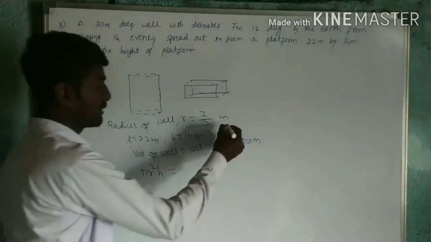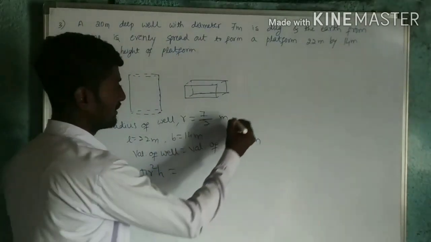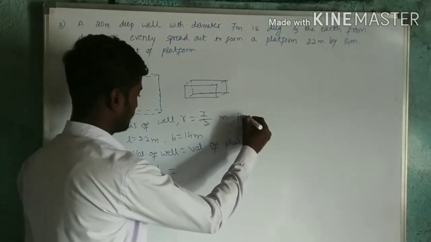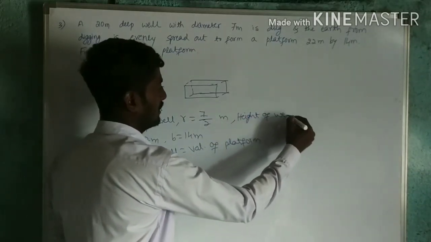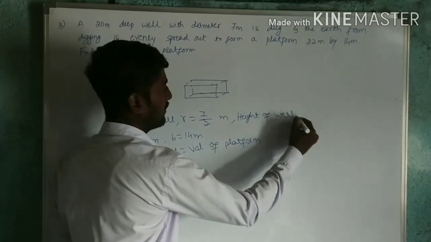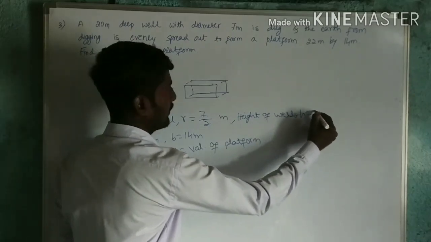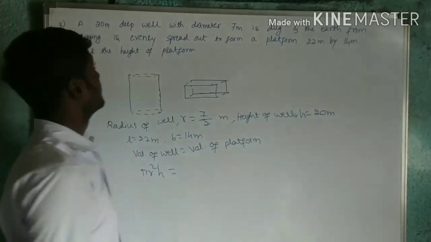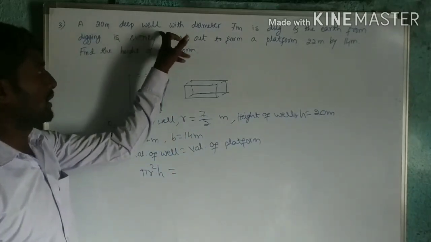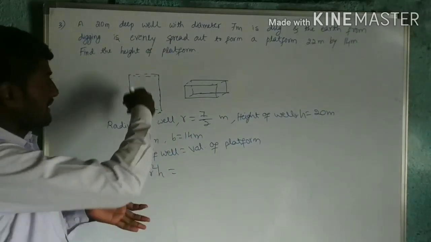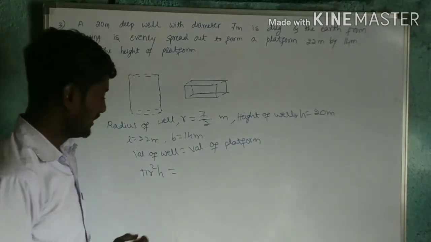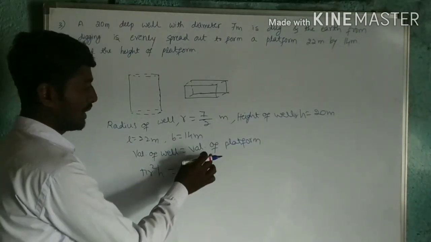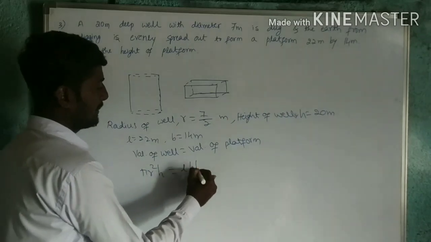Height of the well is 20 meter. Deep is nothing but height, the height of the cylinder, H. Pi r square h is equal to the volume of the platform, that is L B H.